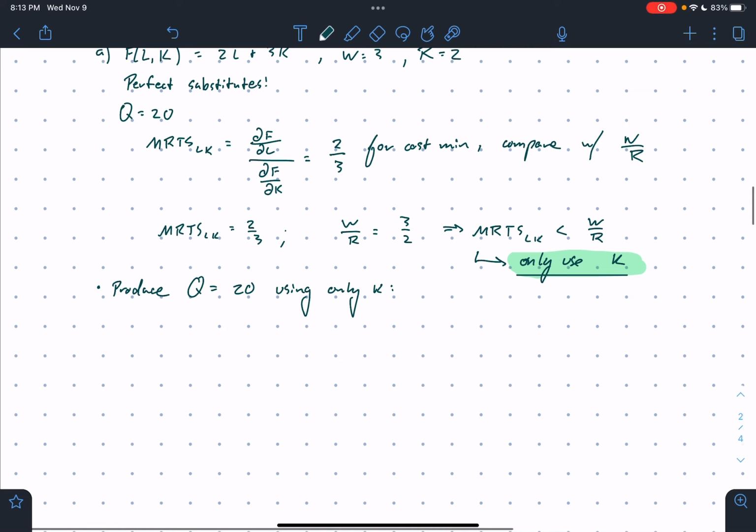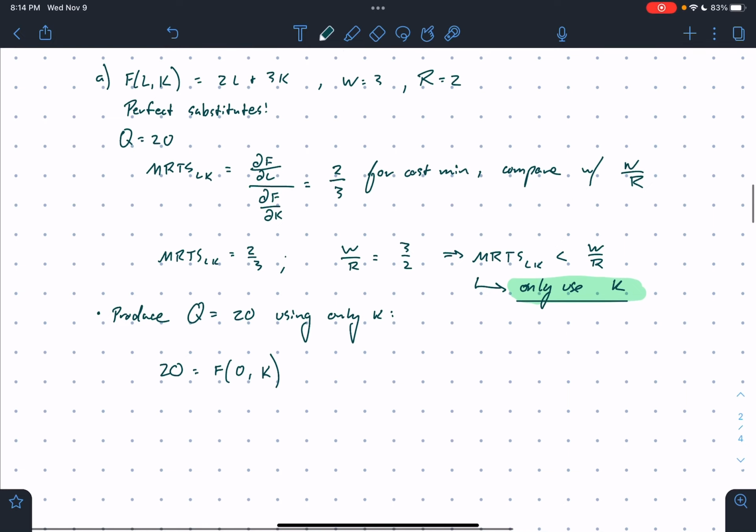So what we do is we need to have 20, the amount we're producing, equal to f of (0, K). So we're solving for the K which makes this true. This requires that 20 = 2 times 0 plus 3 times K. In other words, K = 20 over 3.